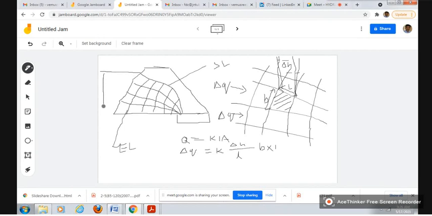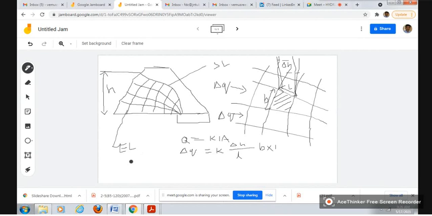Let us say the depth of water on the upstream side, in the reservoir, is H. So what is delta H?